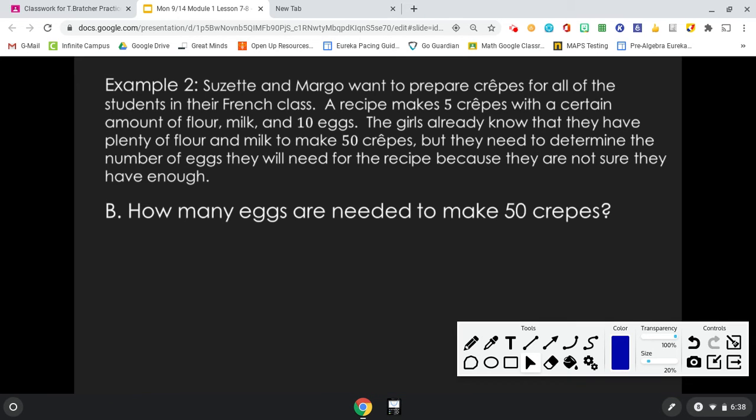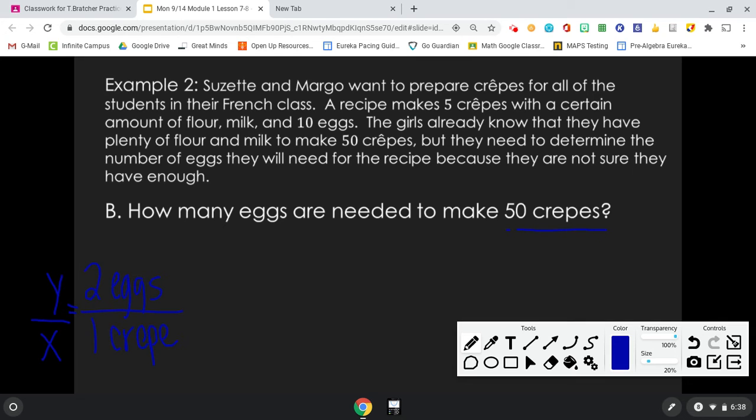Okay, so B. So let's go ahead and write down that unit rate again. We know that it is 2 eggs for every 1 crepe. And again, remember that's a y value over an x value. So it says how many eggs are needed to make 50 crepes. Okay, so how many eggs are needed to make 50 crepes?